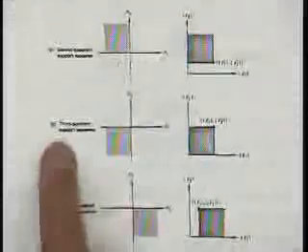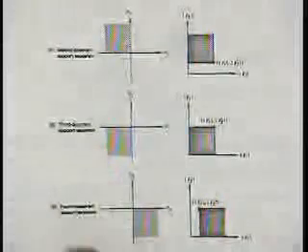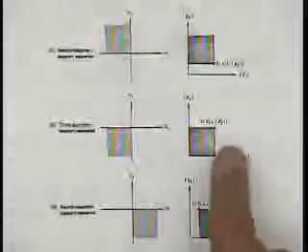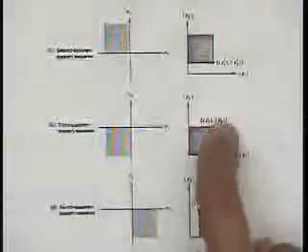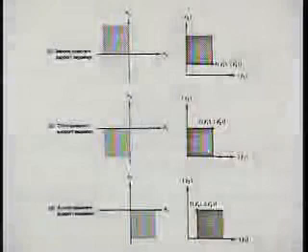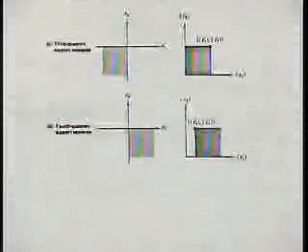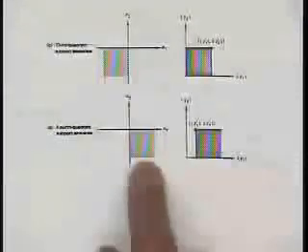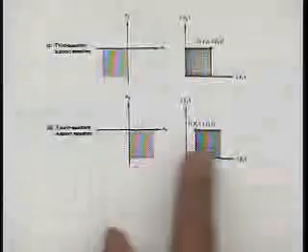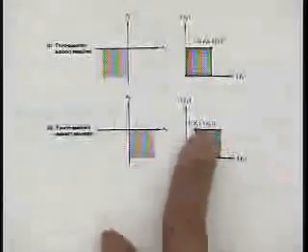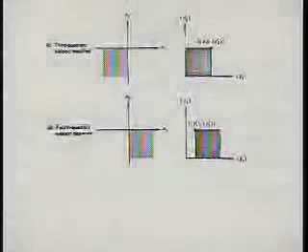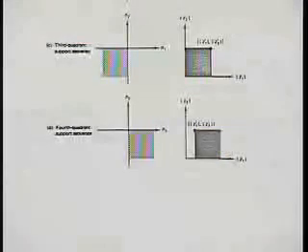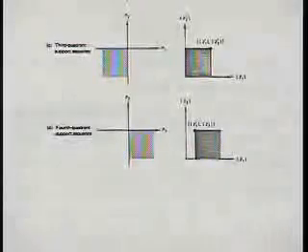If you have a third quadrant support sequence, that is non-zero here, the ROC will look like this. If a point is here on it, then everything to the left and below it is also in the ROC. And if you have a fourth quadrant sequence like this, then the ROC would look like this, which means if a point z1 prime and z2 prime is in it, then everything to the right and below it is in the region of convergence. Okay?